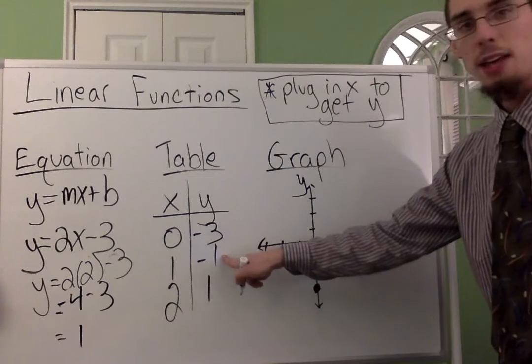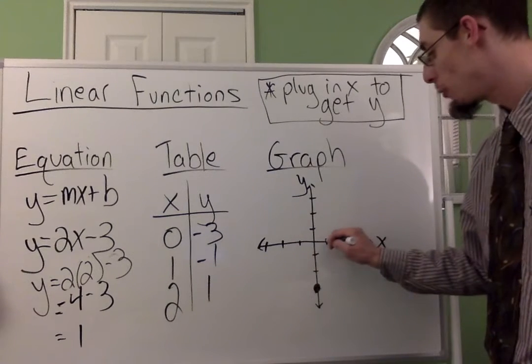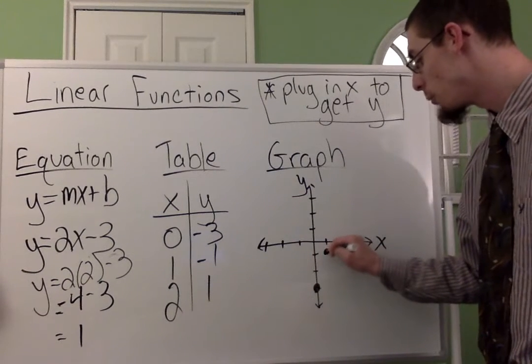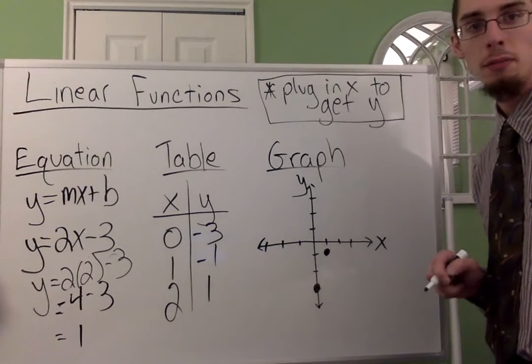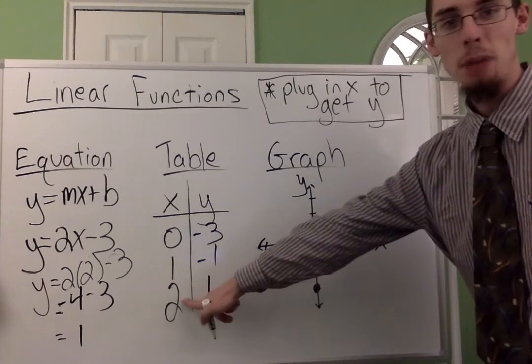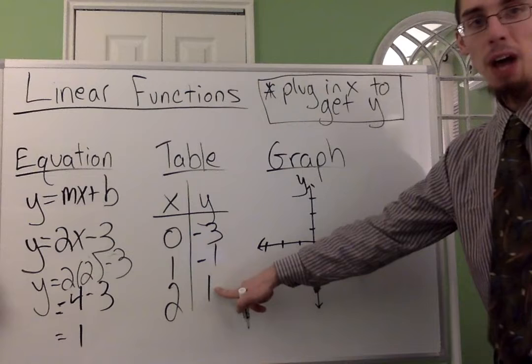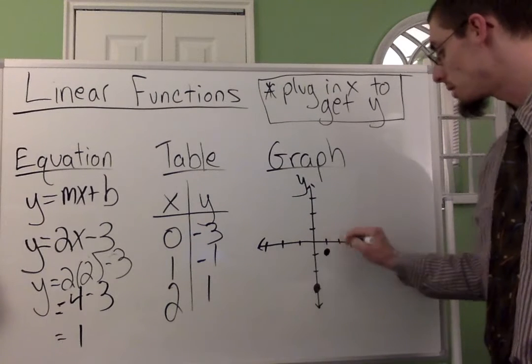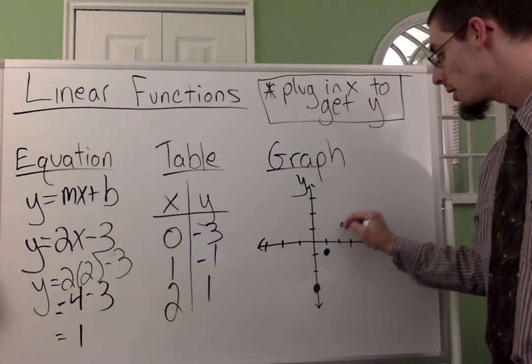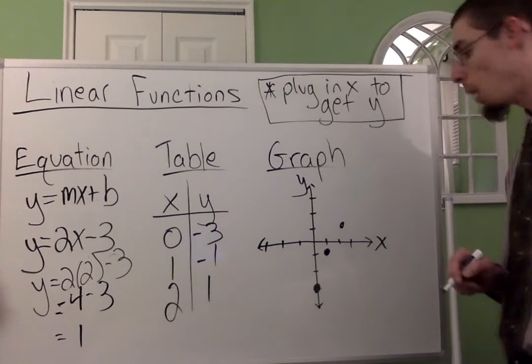1, -1. So when x is +1, y is -1. We'll get a point right here. When x is +2, y is +1. So here's +2 for x, +1 for y.